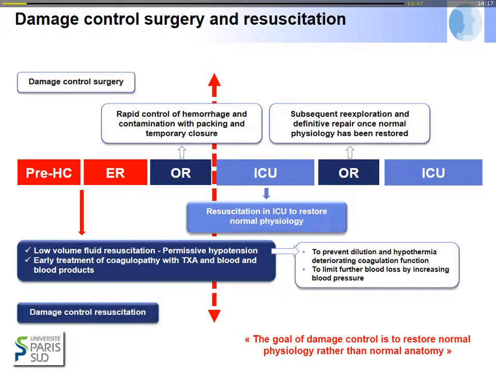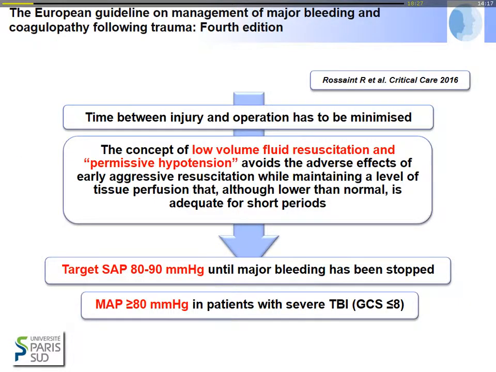It's also important to consider an aggressive strategy concerning the restoration of coagulation, so an aggressive transfusion strategy. The concept of damage control resuscitation, as I told you, is to limit the quantity of fluid and to tolerate permissive hypotension.